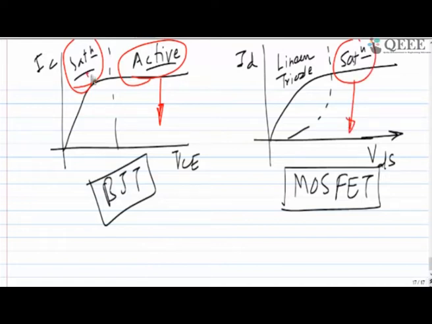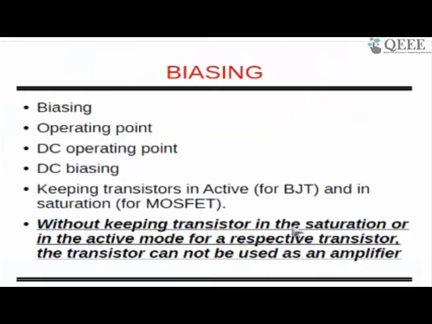But this is confusing. Look at this saturation and this saturation. So both are swapped. Keep this in your mind, it's very important, but those terminologies have been swapped. Okay, and if you want to use your BJT in amplification mode, then you have to keep the transistor accordingly in the given region of operation.